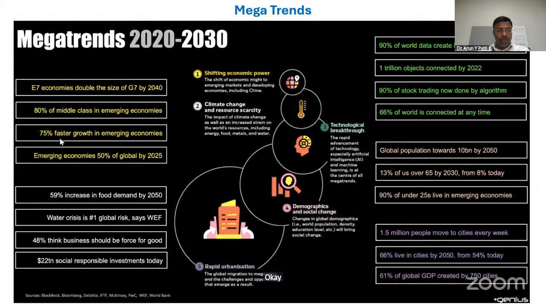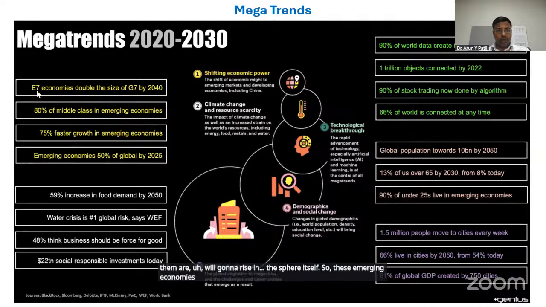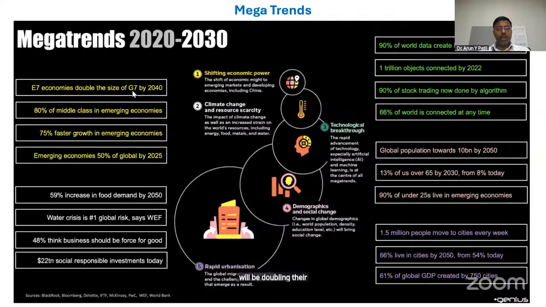Okay, 75% faster growth in emerging economies. Of the emerging economies, 50% of them are going to rise in this year itself. So these emerging economies, which were called E7, will be doubling their capacity by 2040. So in another 15 years, we are going to find there is a huge opportunity in terms of research and transformation.